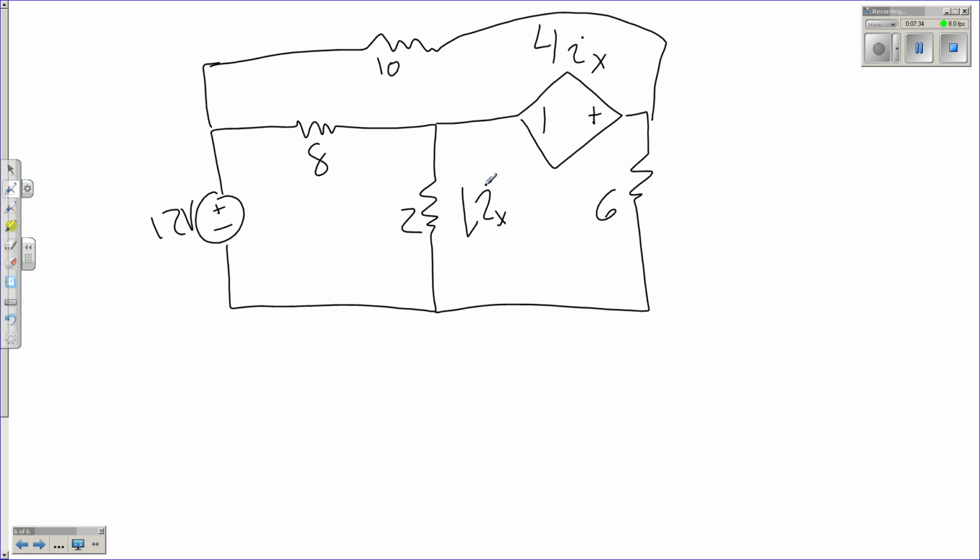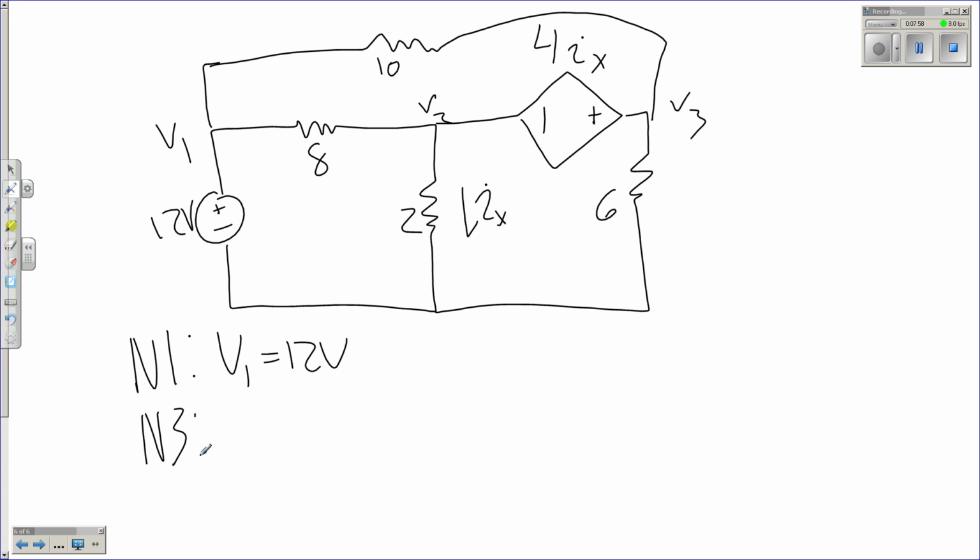Now in this case, we have, again, 2 very simple node equations. V1, V2, V3. Since V3 is connected to that source, we can do node 1 and 2 very quickly. V1 is our old standby, 12 volts, and V3 is going to be V2 plus 4 Ix.